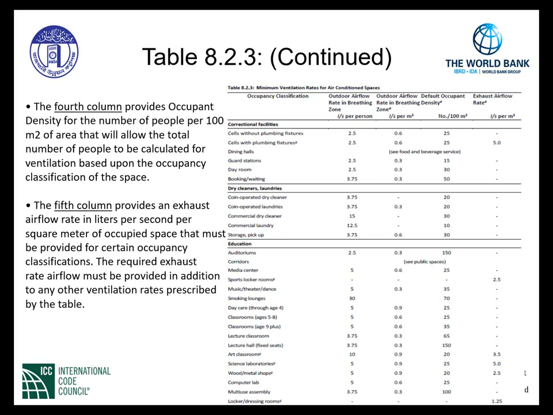In addition, we have art classrooms in educational occupancies. And as seen here, the exhaust airflow rate now goes up to 3.5 liters per second per square meter of classroom that is specifically used for art.